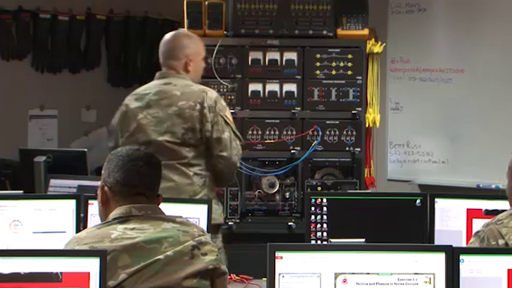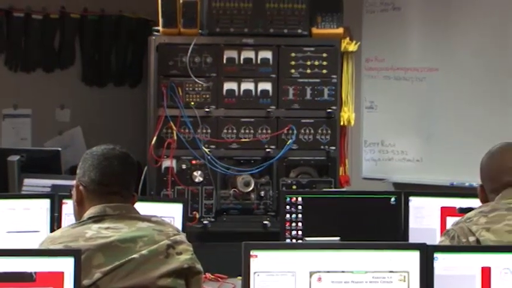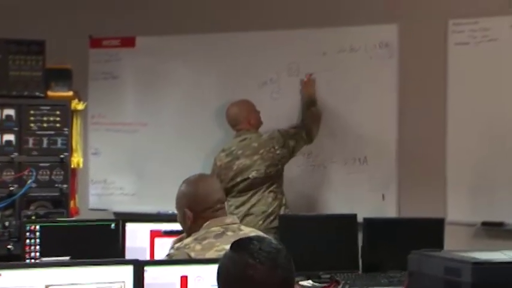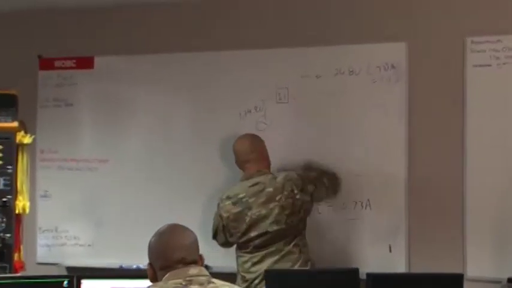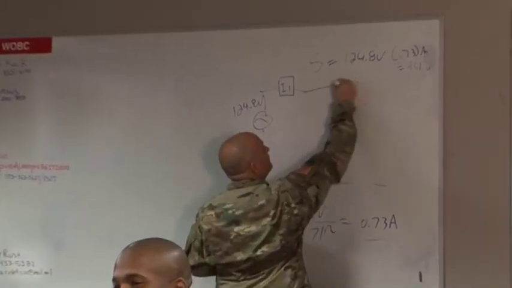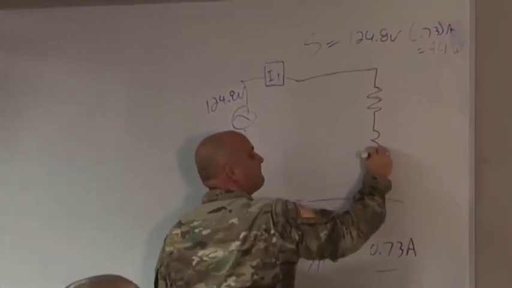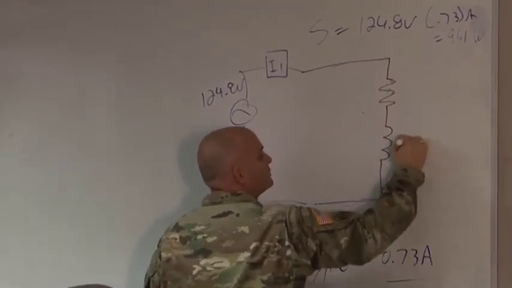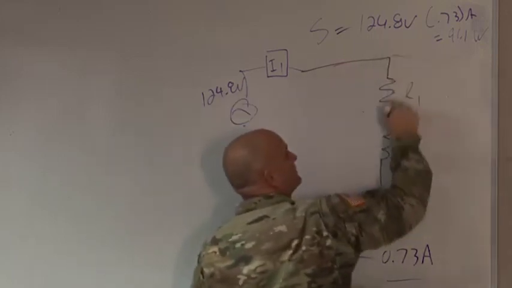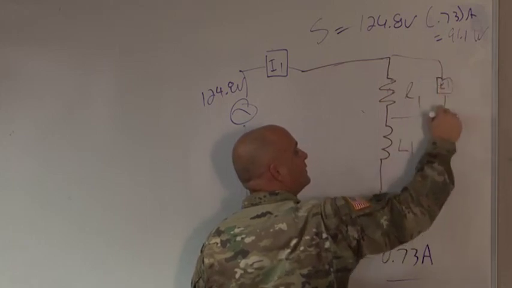All right, so here, well, that's not a good color. This is what I'm trying to hook up. All right, and then of course I got this over here. And this over here.